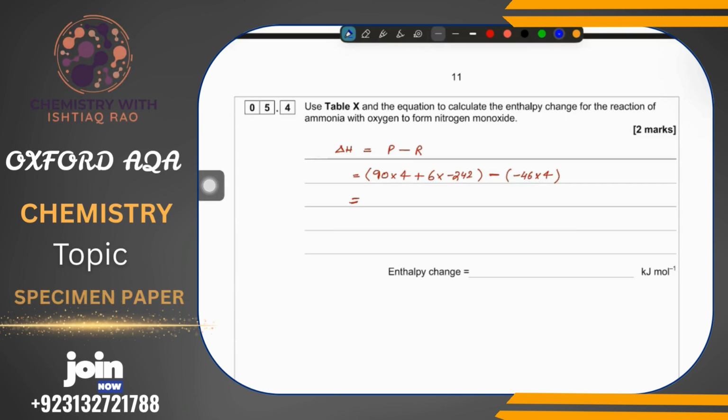Negative 908. It's exothermic. Negative 908 kilojoules per mole, right? Yep. So it's exothermic.